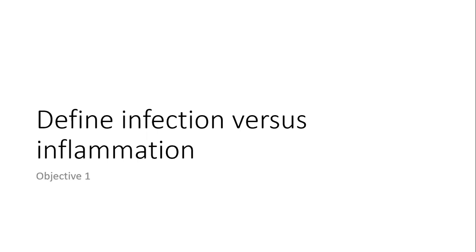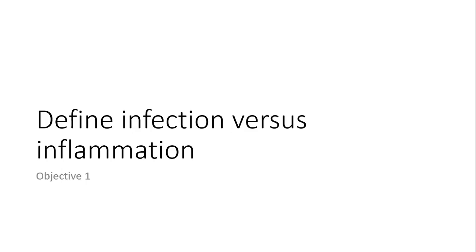Now, this is a really broad topic, and I think what I would like to do is break it into three separate videos. The first video will deal with objectives 1 through 4, and that has to do with infection, lines of defense. The second video will deal with objectives 5 through 8, which has to do with the different constituents of the inflammatory response.